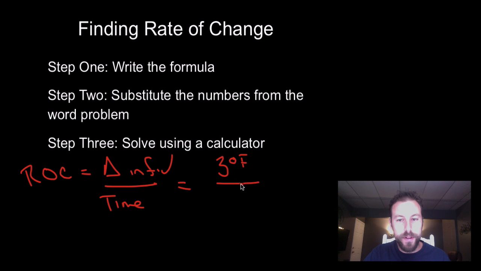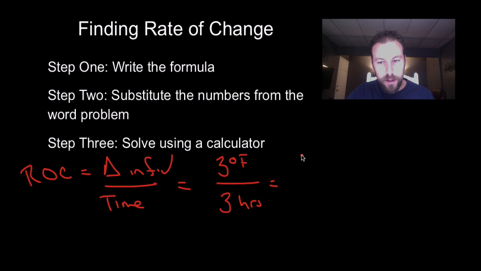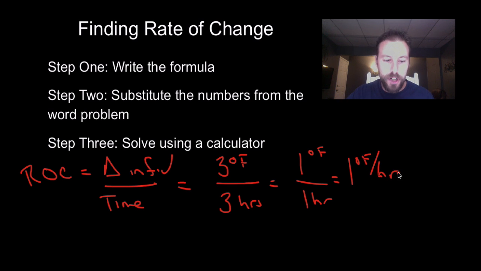Notice we always have our units. Over, let's do 3 hours. And then we solve using a calculator. 1 degree Fahrenheit over 1 hour. Or this may look like 1 degree Fahrenheit per hour. And that's it. It's as simple as a rate of change formula gets.